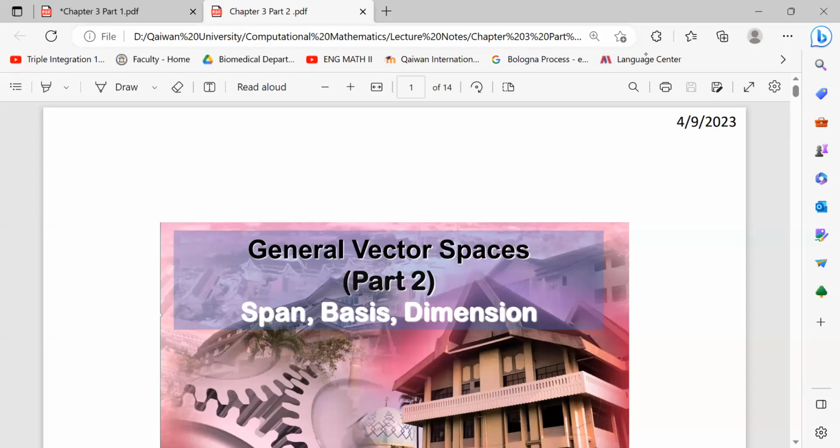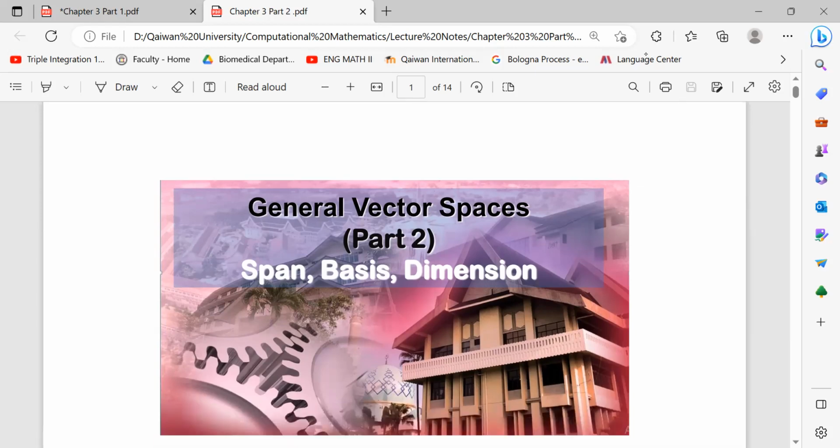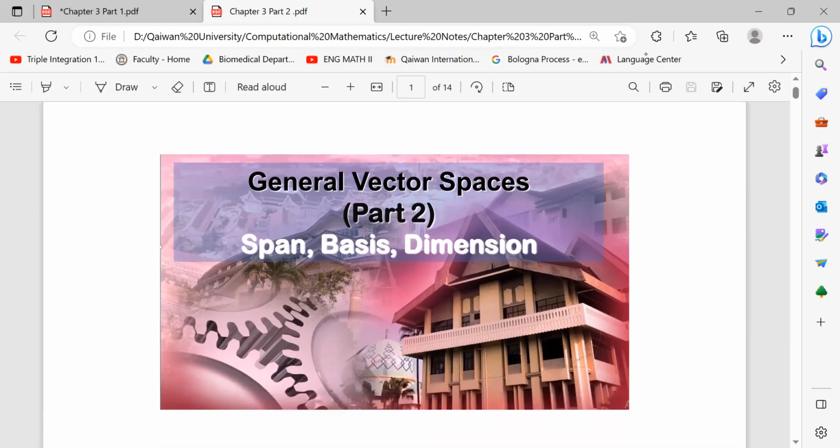If we take any 2 vectors from the subset, the sum of them must be in the subset, and if we multiply any vector of the subset by a scalar, it must be in the subset, so it becomes a subspace of the vector space. Now we have span, basis, and dimension.